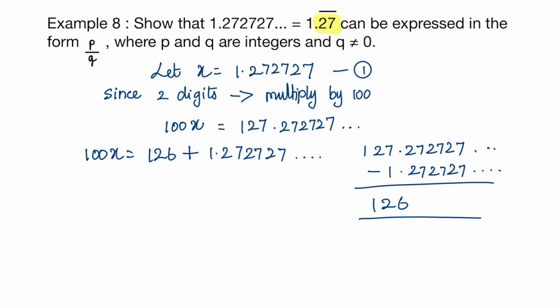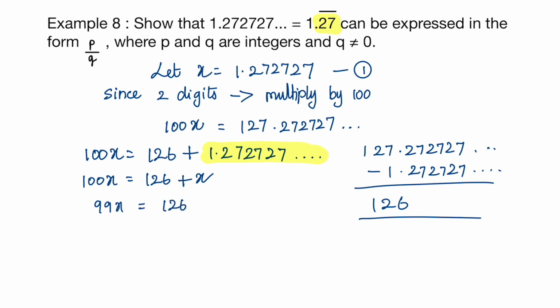This portion is exactly the value of x that we assumed. This is not by accident, this is how we calculated it. We wanted that value here. Now, you are going to replace this value with x. So, 100x is equal to 126 plus x, and that would become 99x is equal to 126.